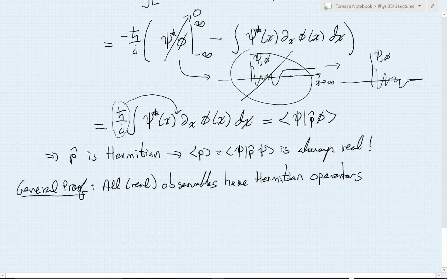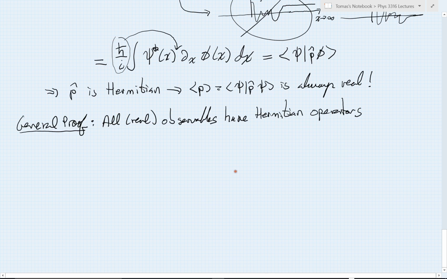The way we would prove this would be as follows. Let's start with some general observable, O, and I will consider its action inside an inner product like so. My goal then is to move the O operator to the other side of the bracket.